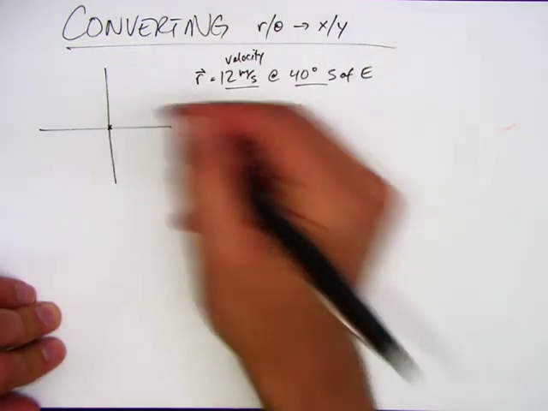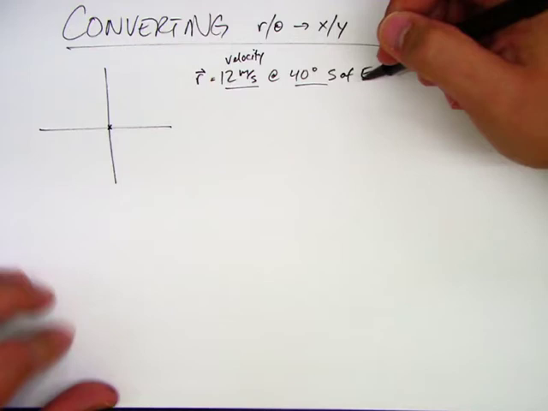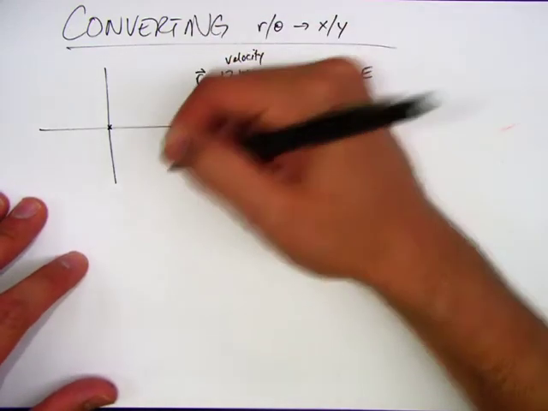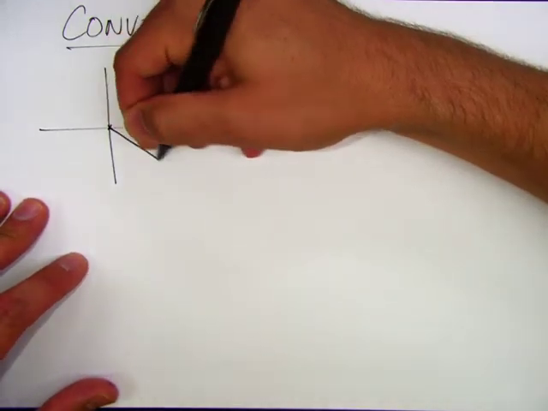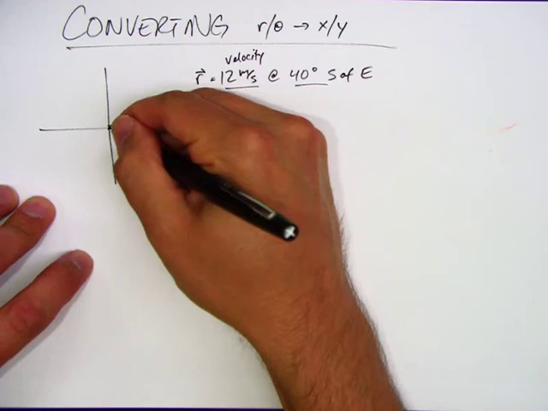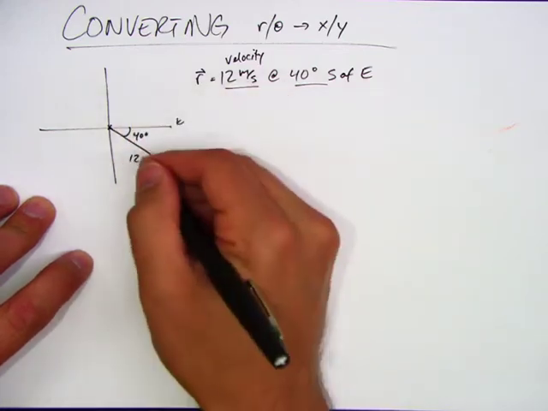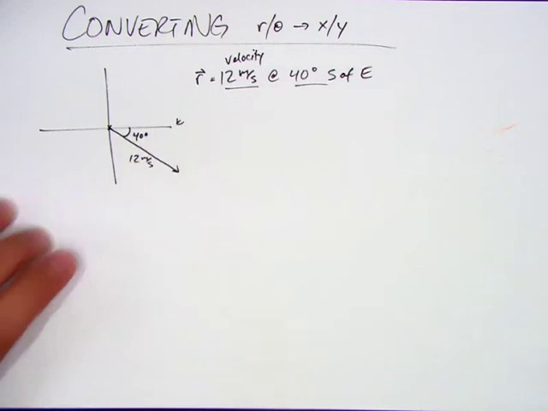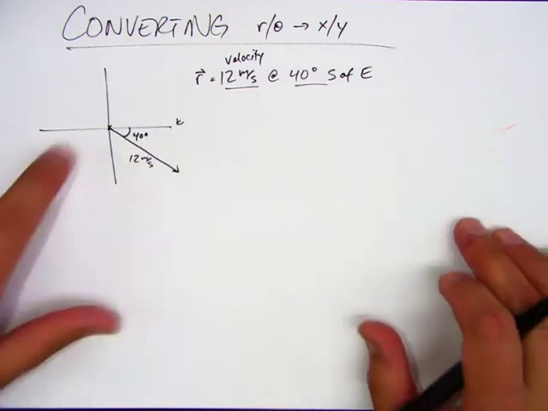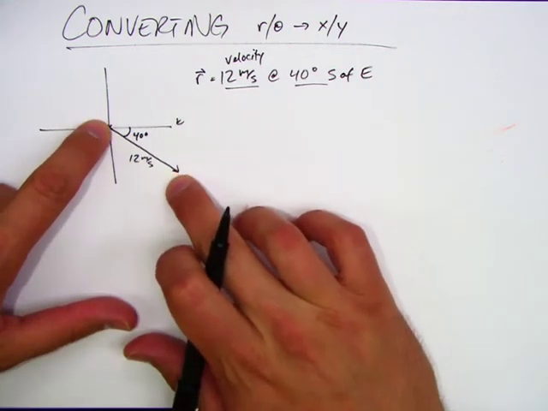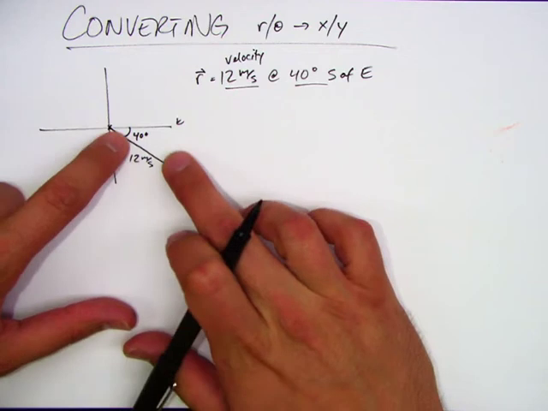Always start in the center, and I'm 40 degrees south of east, so I start east and sweep to the south 40 degrees. Now you don't need to use a protractor, just eyeball it, but I do think you need to label it well so you know what you're doing. So the 12 meters per second is the magnitude relative to the length, the 40 degrees is the direction.